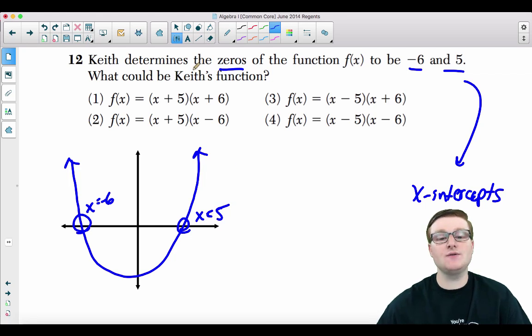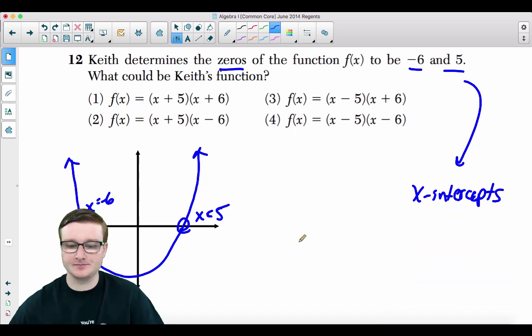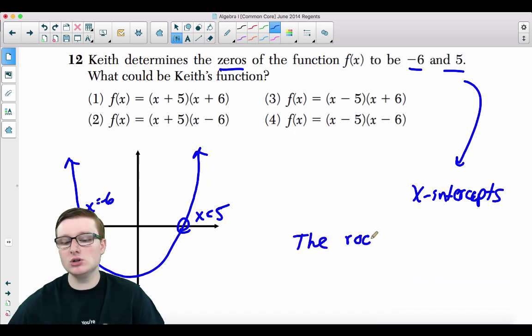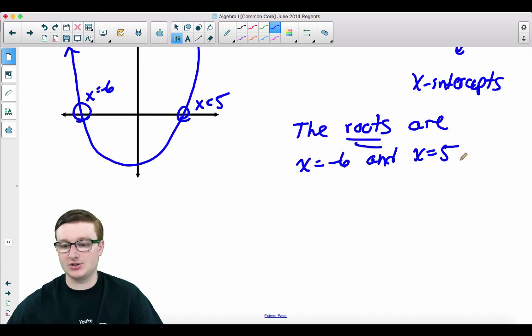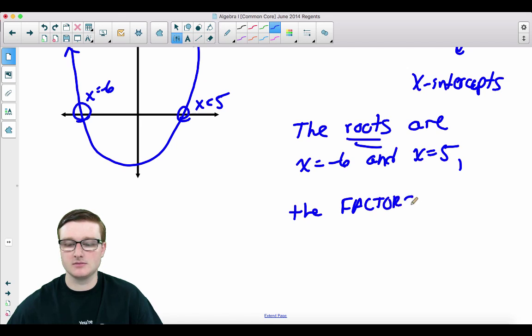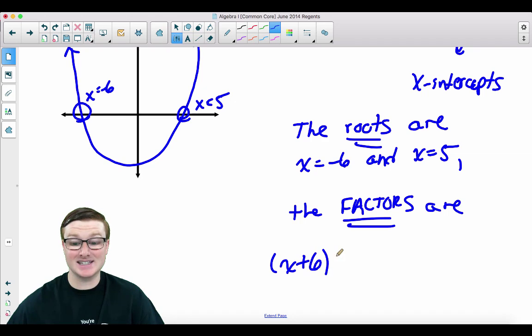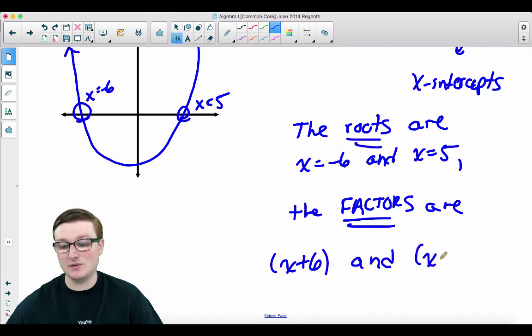Now, we need to figure out what the factors are. You should have learned this in your Algebra 1 class. If the roots are x is equal to -6 and x is equal to 5, the factors are x plus 6 and x minus 5.